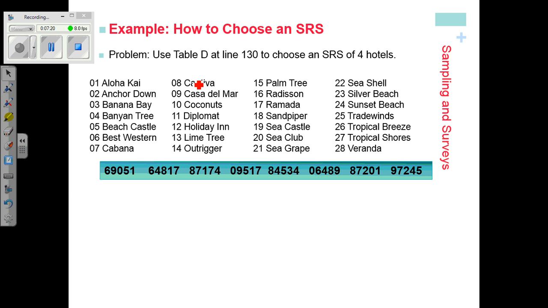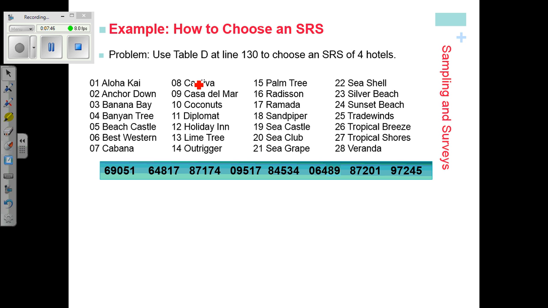This is an example in your book called Spring Break on page 213. This is a school newspaper trying to find out information about hotels for spring break. It's got 28 hotels, and it wants to choose 4 of them to call and get information about what their amenities are.